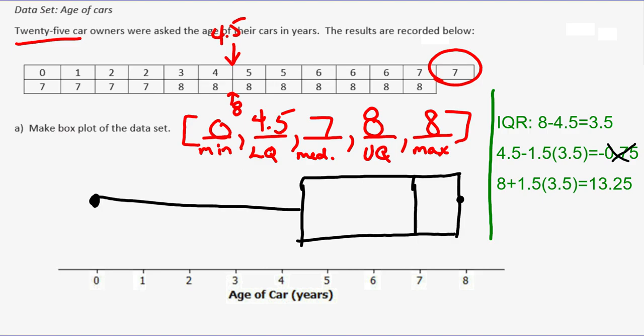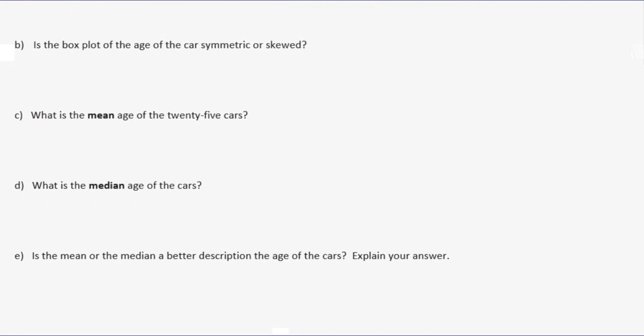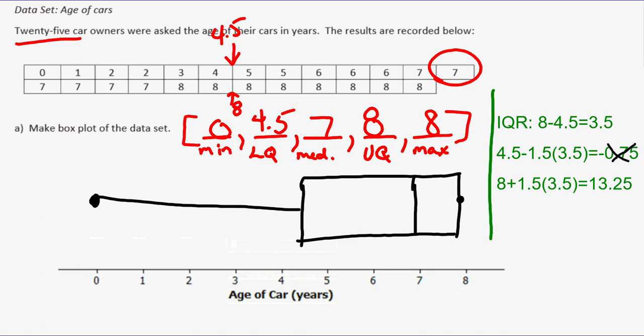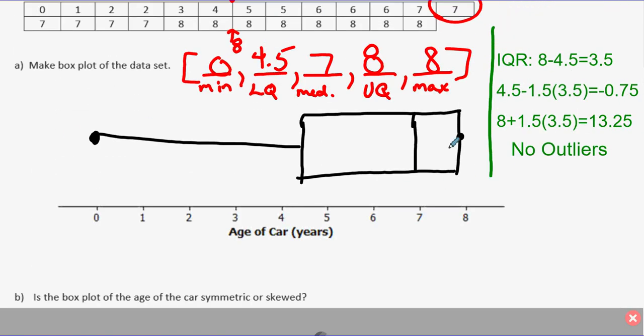From here, we're going to look at some evaluation and inferential questions based on the data. The first one says, is the box plot of the age of the car symmetric or skewed? We don't have any outliers, so we can look at that as maybe saying it could not be skewed.